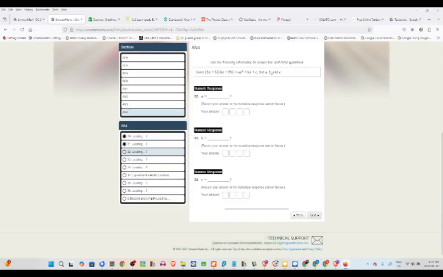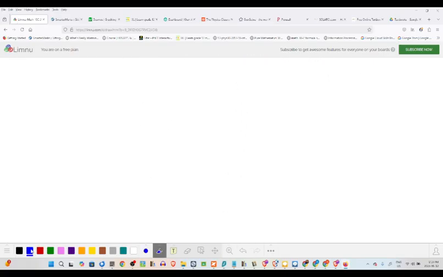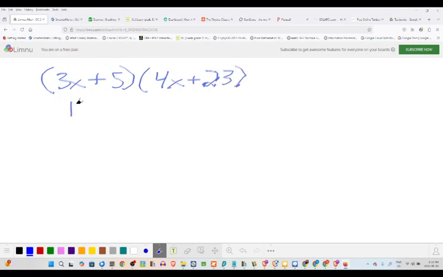Similar problem here. This time we're multiplying out to find a, b, and c. So we have 3x plus 5 and 4x plus 23. 3x times 4x, 12x squared. 5 times 4 is 20. 3 times 23 is 69x.